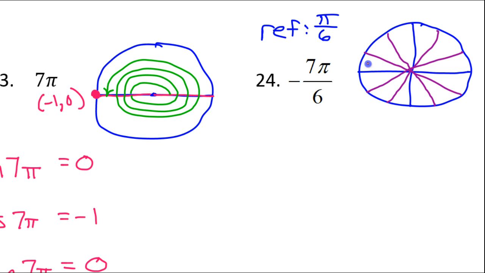Alright, so these are pi over 6's because there are 6 of them. Remember that negative angles are measured clockwise, so I need to go negative 7 pi over 6, so that's going to be like this. Negative 1, 2, 3, 4, 5, 6, 7. So that's going to put us right here in the second quadrant.